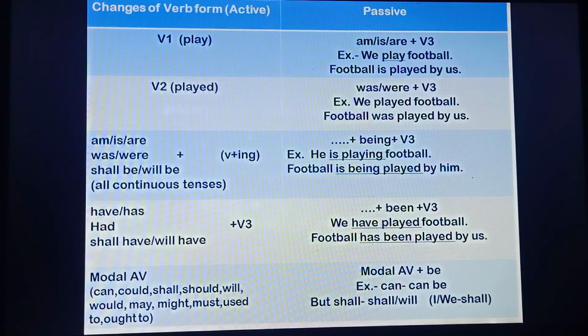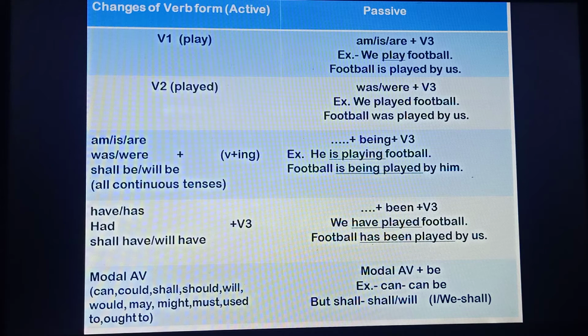Now we need an idea about the use of the auxiliary verb, and we have to understand the verb form so that we can change it very easily. If you find the base form of the verb, the V1 form, that means play. Play is the present form. If you find play, you have to use either am, is or are, and all the time you have to use the past participle form when you change from active voice to passive voice. I have given you an example for the first one.